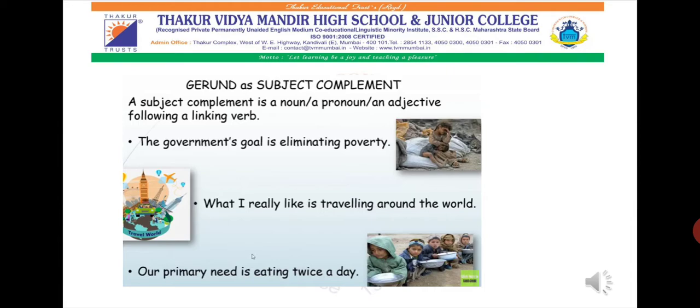We shall move to the next example. What I really like is traveling around the world. Now, in this sentence, we see that is is a linking word which links two parts, and it is giving extra information about the subject. Over here, I is a pronoun. What do I really like to do?